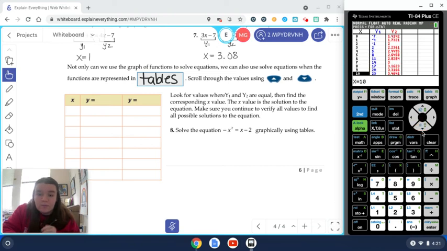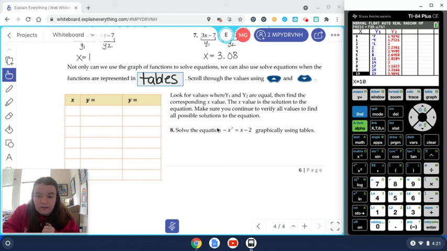And remember, the solution is the input where the output is the same. We're looking for where the y value is the same. So you would just look through the table and see where the output is the same. For this last one we did, it was at a decimal, 3.08, so that's why you don't see it here. But if it's a whole number, you will be able to see it here.